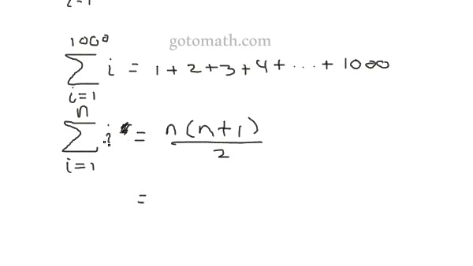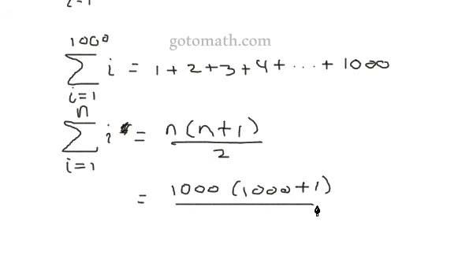So if we use this formula right here, n is going to be our 1,000, right? So this would just be 1,000 times 1,001 over 2. And of course we get our handy dandy calculator out, or I guess you could do it by hand if you want. But I think it would be a whole lot faster doing it this way. So whatever this is equal to here, that would be the way to calculate that one.